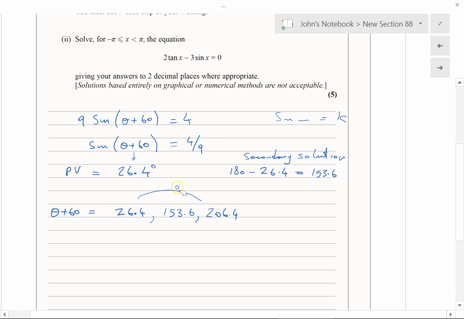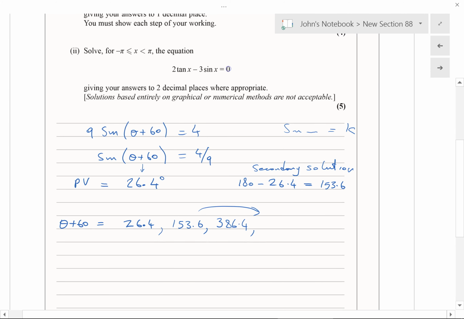So that's 206.4. Add 180 to this one. Not 180, it should have been 360 because you've got a period of 360. So that's 26.4 plus 360, so that's 386.4. If I add 360 to the other one, it's going to go above the 420, which would make it outside our range.